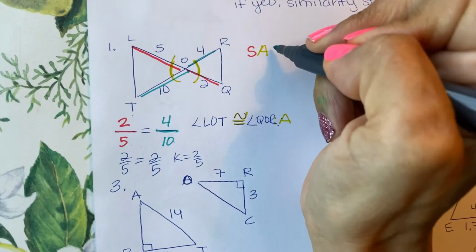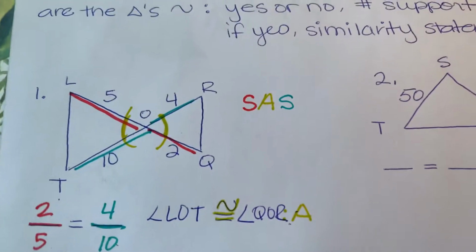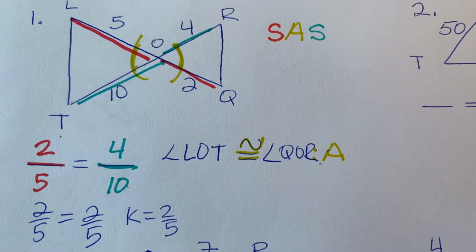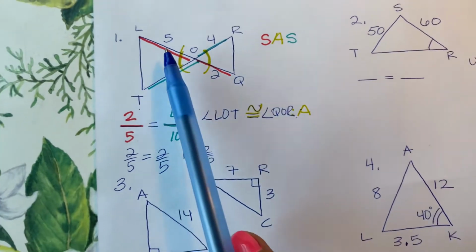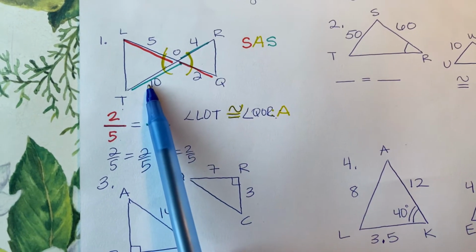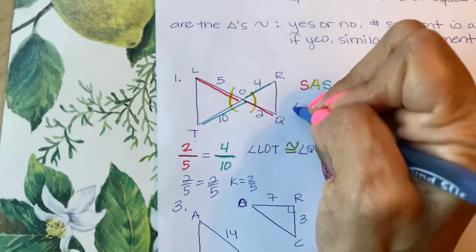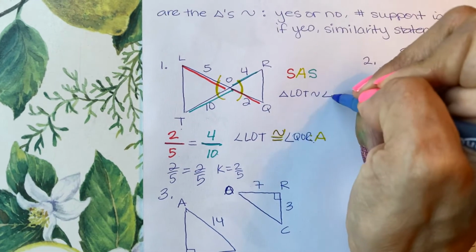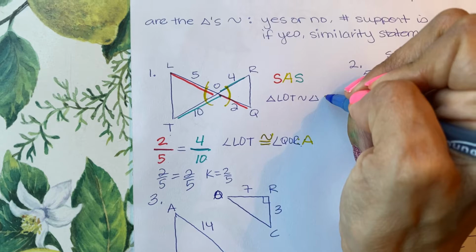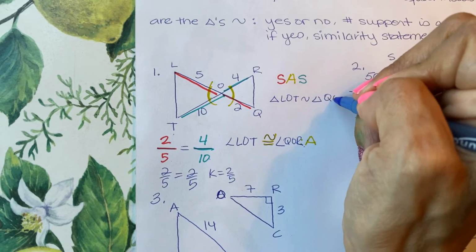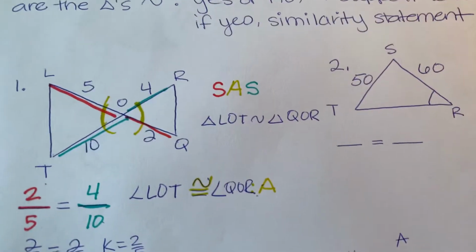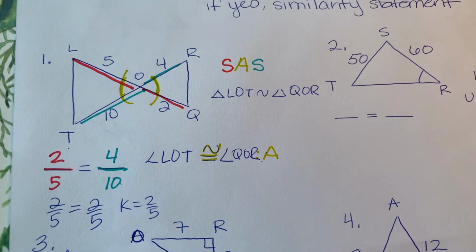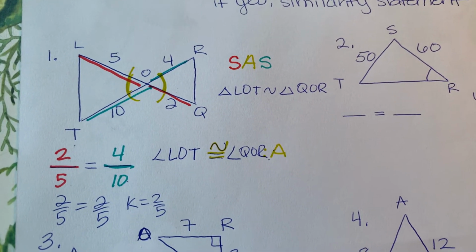And then the 4/10 reduced down, there is my side, angle, side. So yes, they are similar. Okay, you've got to give me a similarity statement. We're going to go pink, yellow, teal. So triangle LOT is similar to triangle QOR. And there's my similarity statement. That's it.